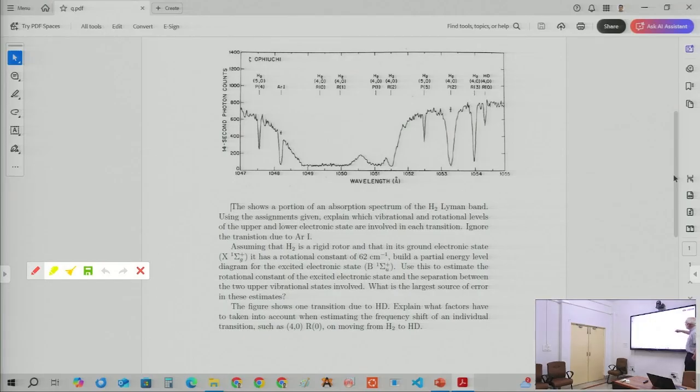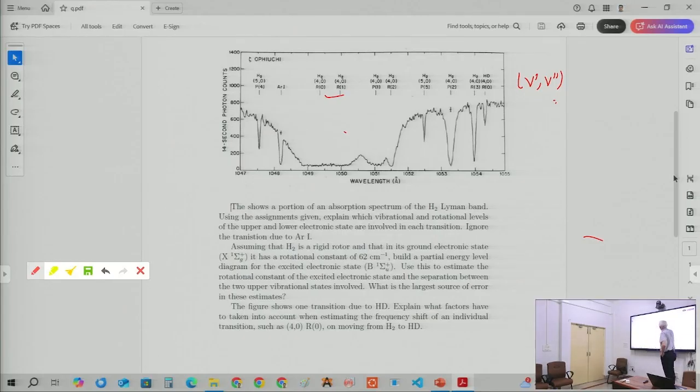So for the moment, we're just going to worry about the lines which are labeled H2. They have these numbers below them in brackets, which is the vibrational assignment, so it's V prime, V double prime. What you'll notice is that all the vibrations are starting from the vibrational ground state, and then going to V equals 4 and V equals 5.